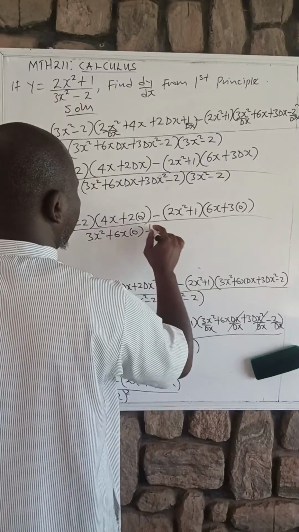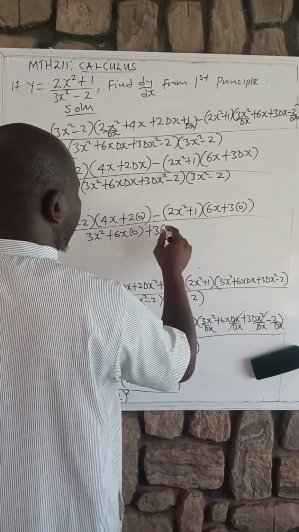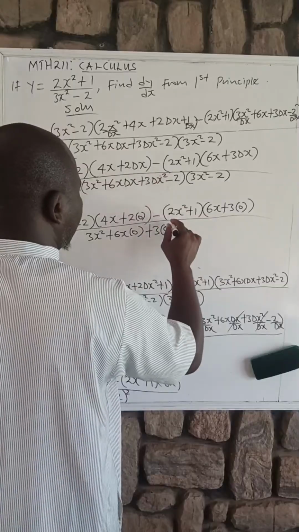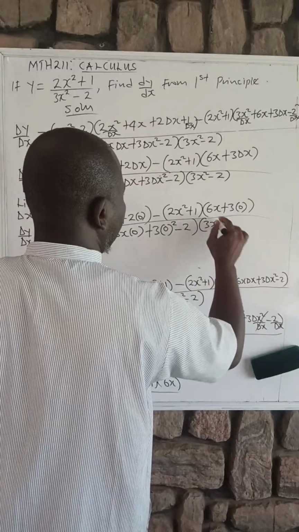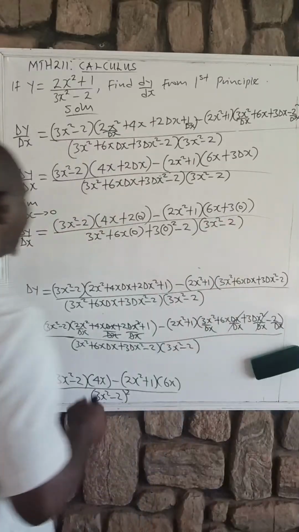Then plus 3 dx squared, 0 squared, minus 2 open bracket 3x squared minus 2, right?